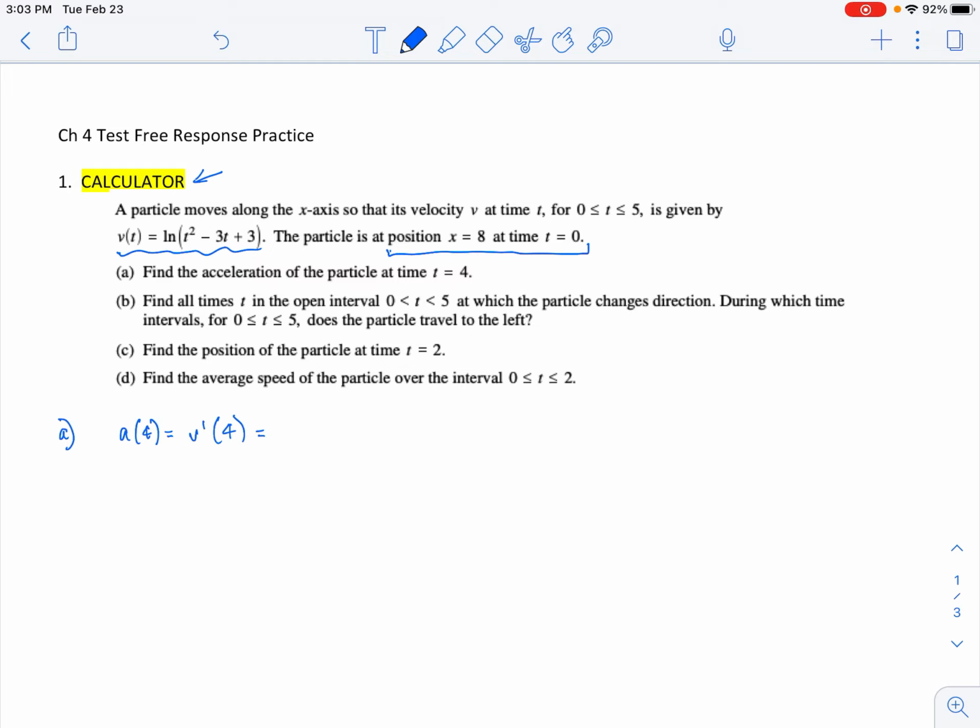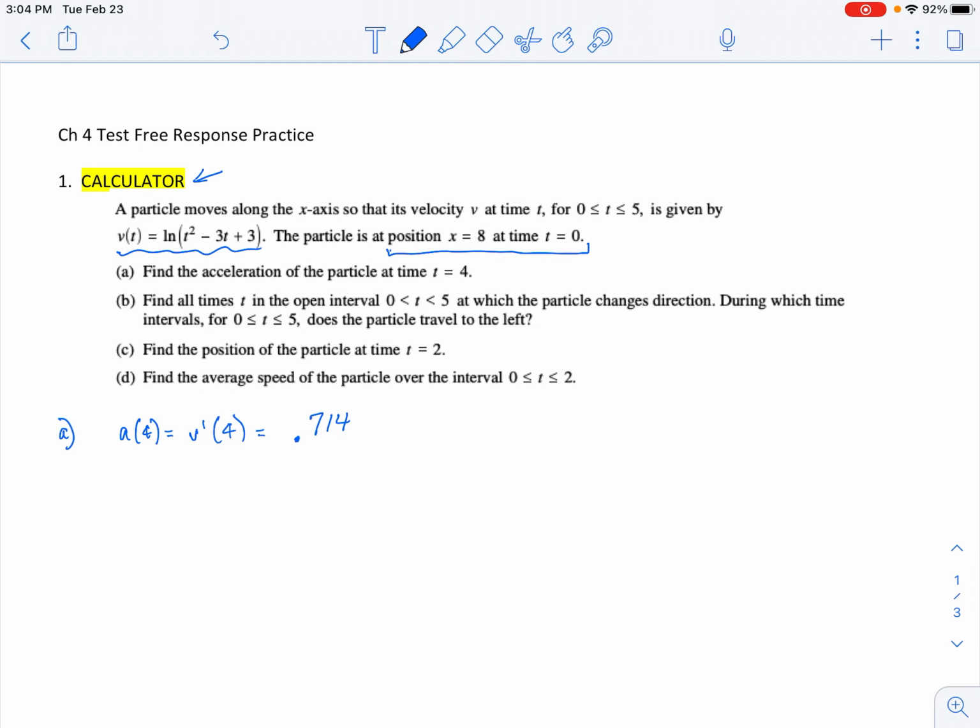So what I'm going to do instead is just use the Math 8 feature in my calculator and type in d/dx of that v function, and then in the box we're going to do x equals 4, and your calculator will tell you 0.714.